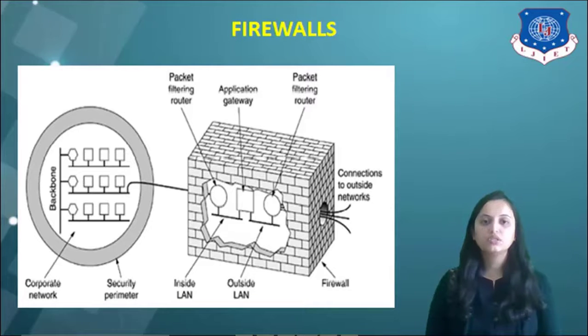In this figure, most likely the packet filter on the inside LAN checks outgoing packets and the one on the outside LAN checks the incoming packets. Packets crossing the first hurdle go to the application gateway for further examination. The point of putting the two packet filters on different LANs is to ensure that no packet gets in or out without having to pass through the application gateway.